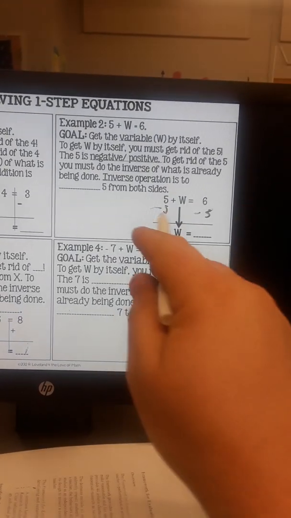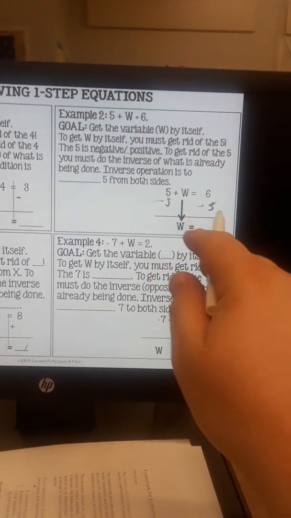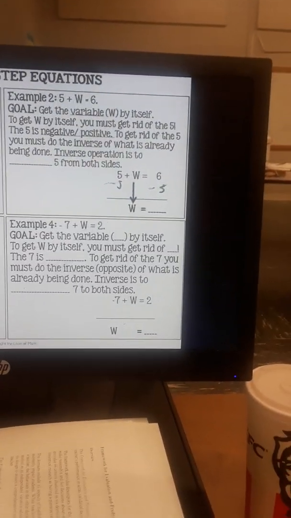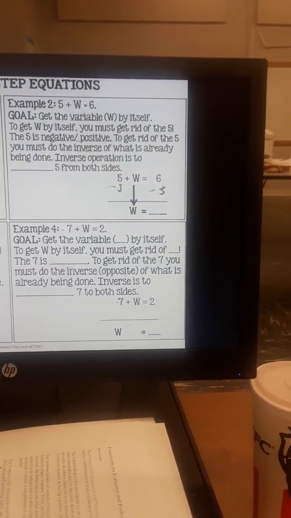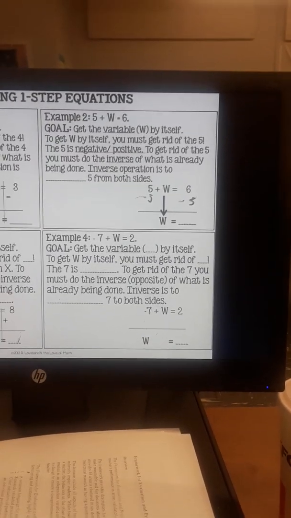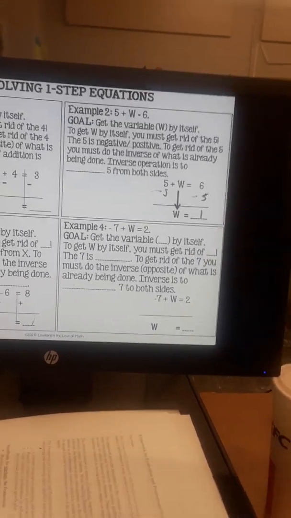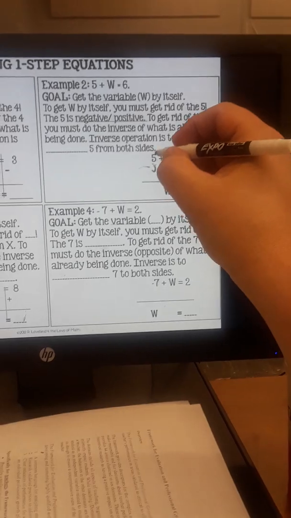So I can't subtract 5 from one side. It's no longer equal without subtracting 5 from the other side. So think of the equal sign as kind of like a wall or a balance. So anyways, subtract 5 from both sides, it's going to give me 1. Leaves me with w by itself on the left side. All right, subtract 5, boom, done.